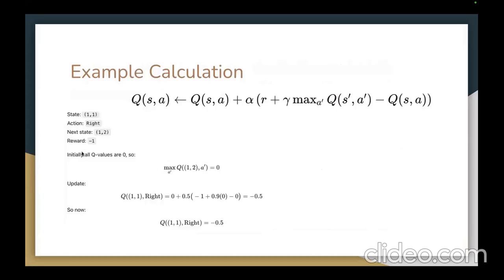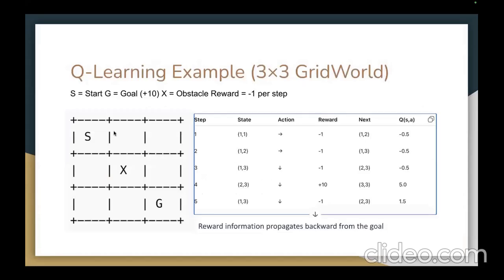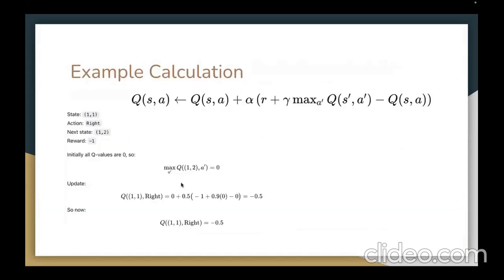Initially, we almost always set the Q values to 0. So this term, max over a prime of Q(1,2,a prime), is going to be equal to 0, because in this state all the actions lead to a Q value of 0. So this term will become 0. And the original Q(s,a) term is also 0. And alpha, let's say we wish to use 0.5 for simplicity.